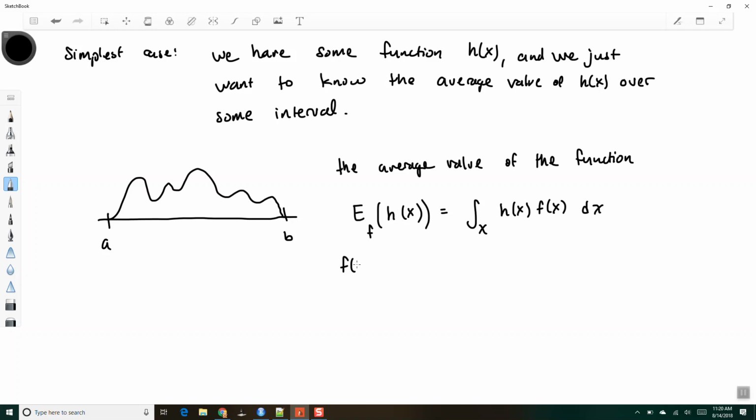But this time, f of x is basically the uniform distribution from a to b. This is just a constant, 1 over b minus a.